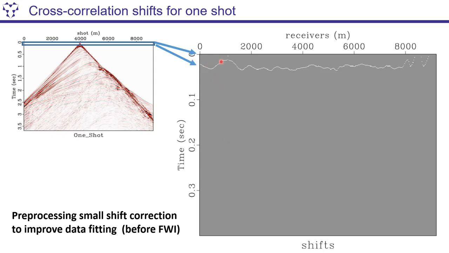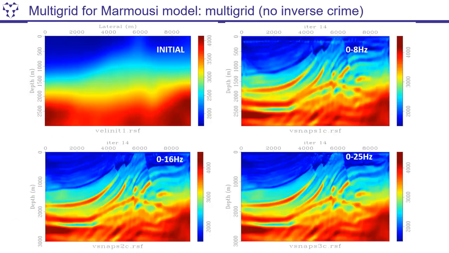You can see here that the magnitude of the shifts is on the order of very few samples. And now we see if we apply this in sequence, we can see the progression from each stage as before, although the results are not as good as when doing the inverse crime. We'll see a further improvement in this in a few minutes.